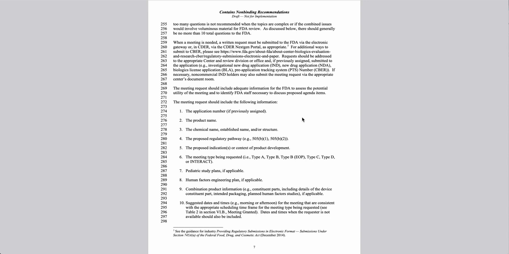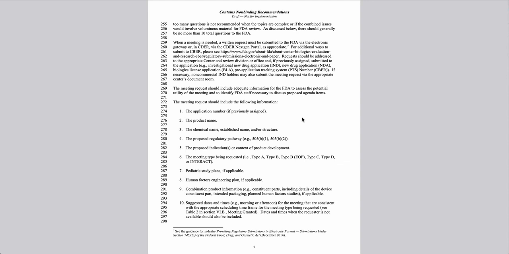If not, we leave it blank. We also, in the cover letter, write down the product name, the chemical name, the established name, and or the structure, and the proposed regulatory pathway, for example, if it's 505(b)(1) or 505(b)(2), etc. And then the proposed indication or context of product development.